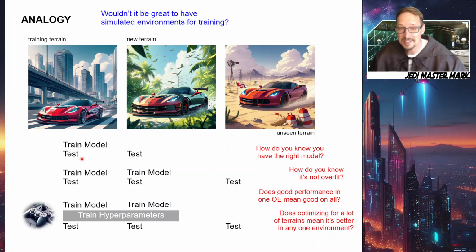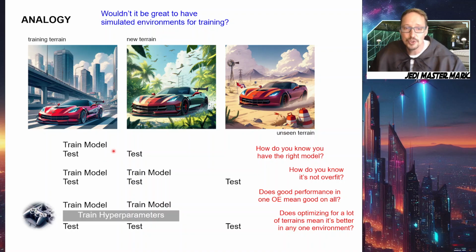You can test it in city driving, and that can be good. But then you might try to test it in a forest domain or in a desert domain. And so there is a balance here between, if you test it in one domain, does that mean it's good for all domains? And in reality, it doesn't.